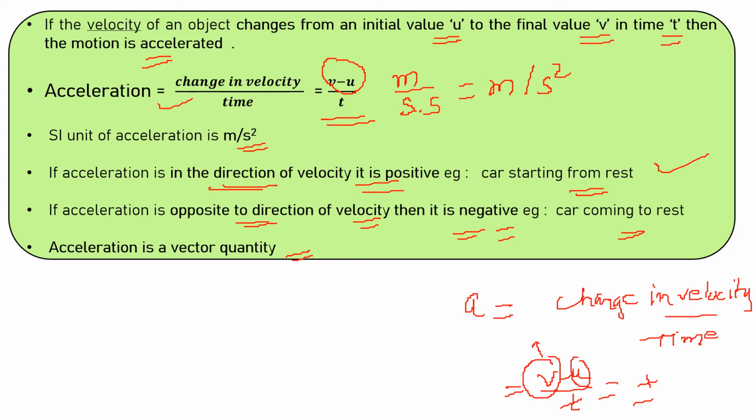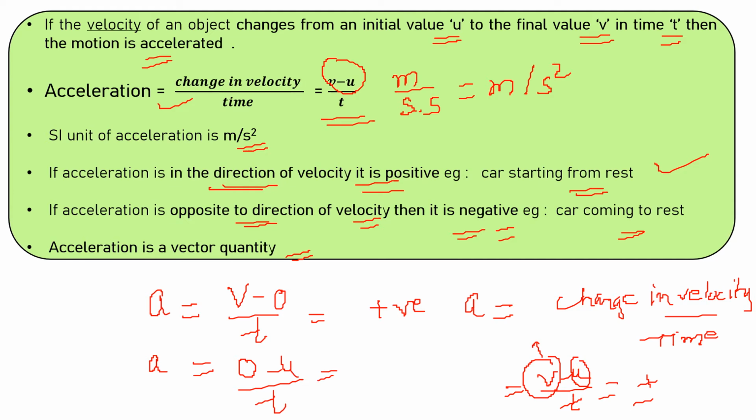So initially when the car is starting from rest, u is 0, so it is positive acceleration. When the car is coming to rest, that means final velocity is 0, so in this case it is negative acceleration. Hope this is clear.